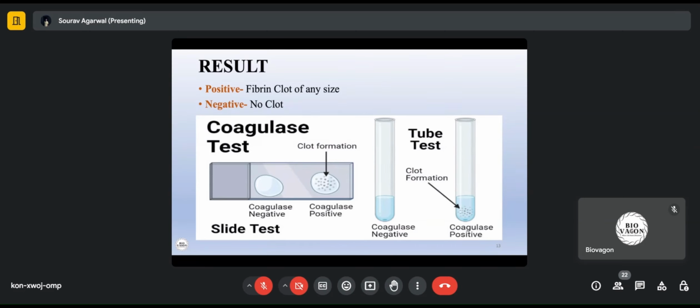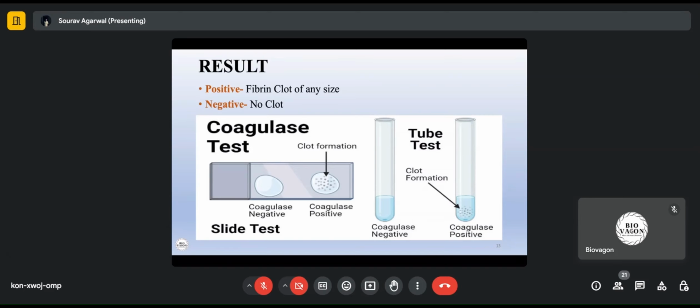It is kind of confusing, but I'm trying to simplify this for you. The one is our control. If our organisms act on the plasma and coagulate, they are coagulase positive. But in the second suspension, we have not added plasma.